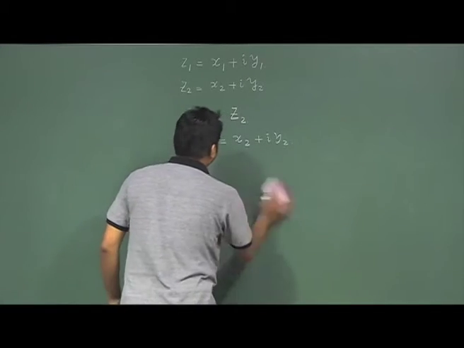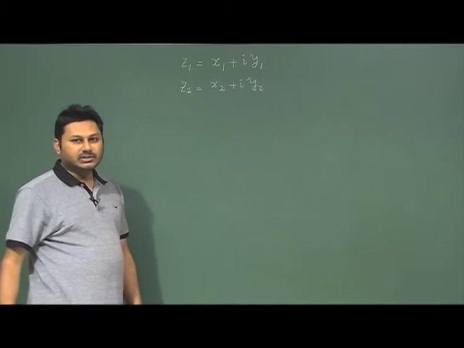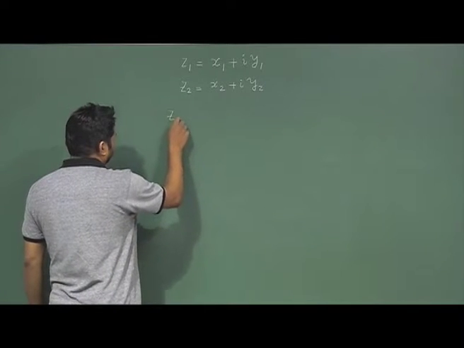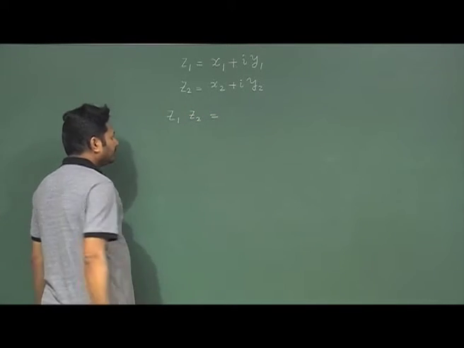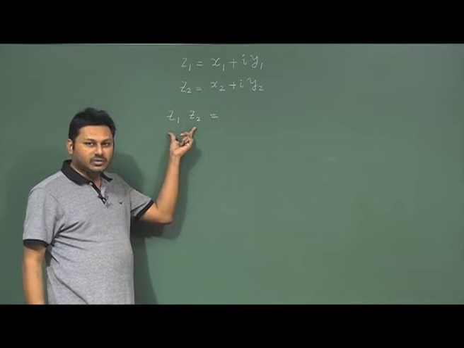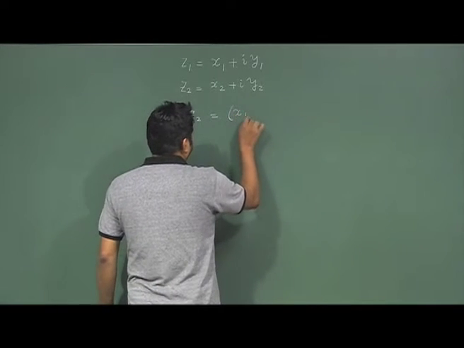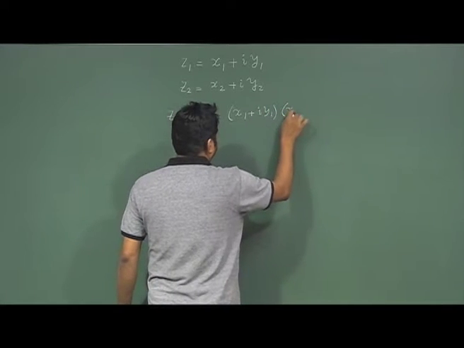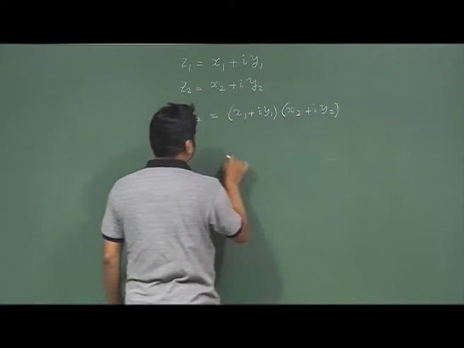Okay. So, go back to the fundamental operations. So far we have dealt with addition and subtraction. Multiplication is another important operation. So, if I multiply z1 and z2, essentially it will also give you a complex number: x1 plus i y1 multiplied by x2 plus i y2.